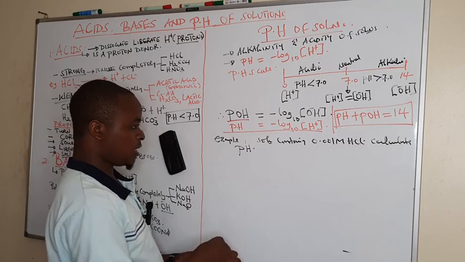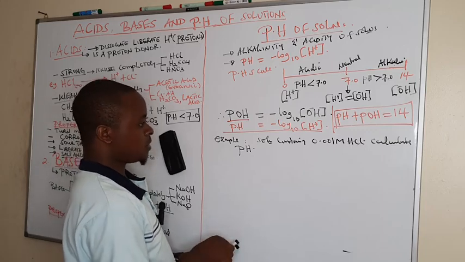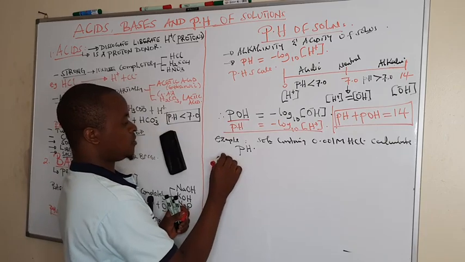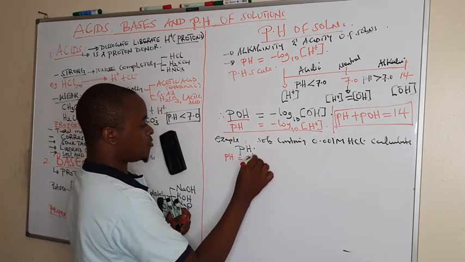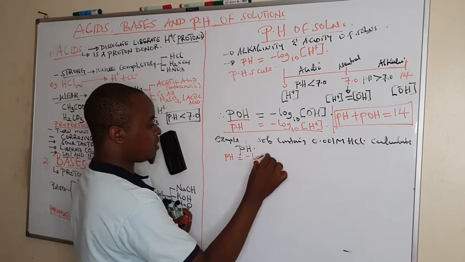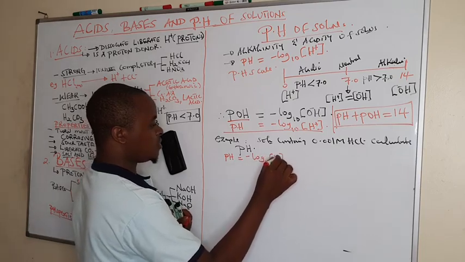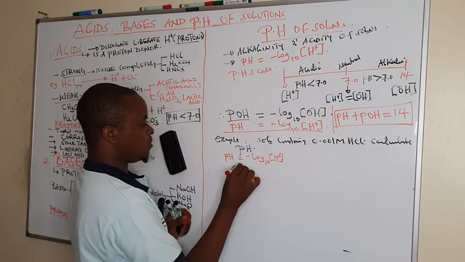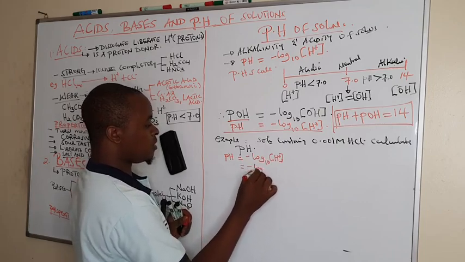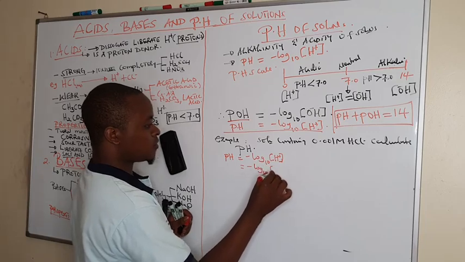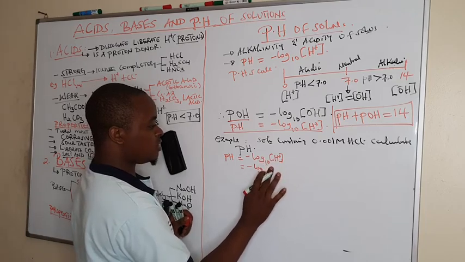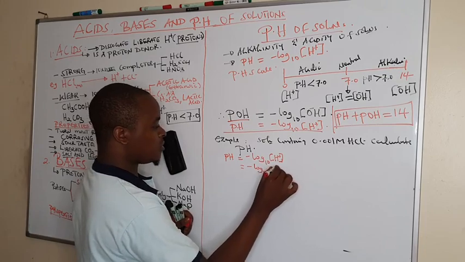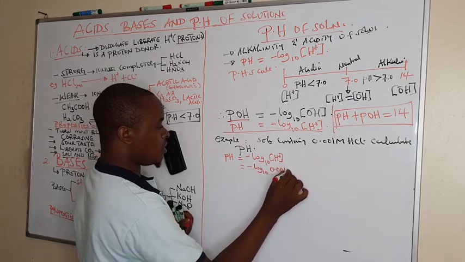This one we can easily calculate by saying that pH is equal to negative log base 10 of the concentration of hydrogen ions, whereby it is negative log base 10 of the concentration, which is 0.001 molar.